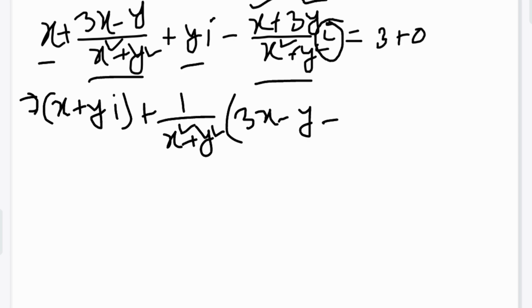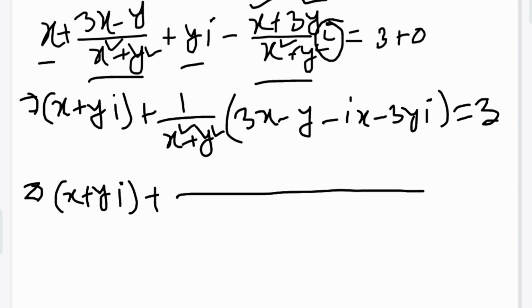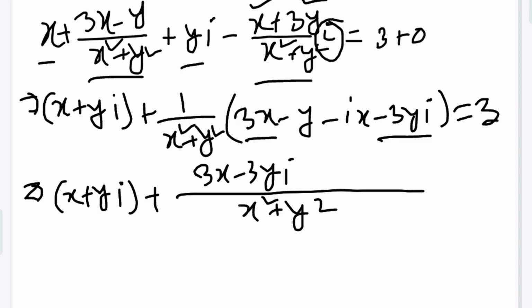So this is minus ix minus 3yi, equal to 3. So next line is x plus yi plus, so we can put this x square plus y square in denominator, and this 3x minus 3yi we are going to write together. So 3x minus 3yi, minus y minus ix, equal to 3.